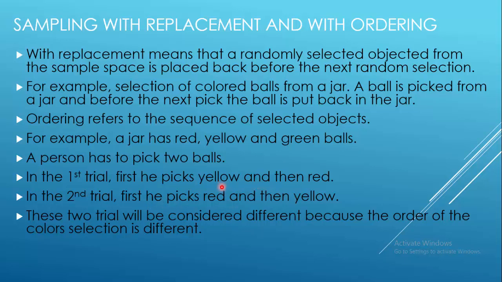Although it seems these two trials are the same because he picked the yellow and red ball in both, they are considered two different trials because the order in which he picked the balls is different. So these are two different trials, not the same.